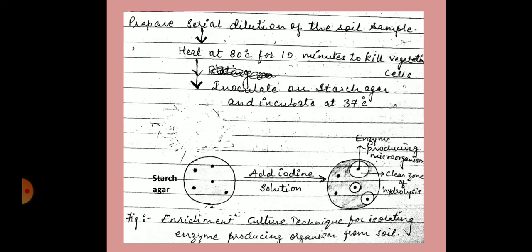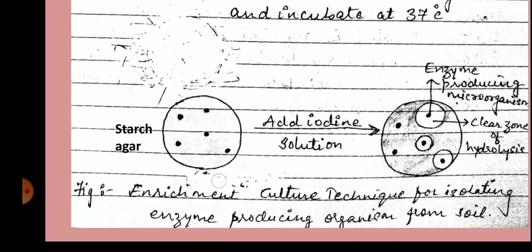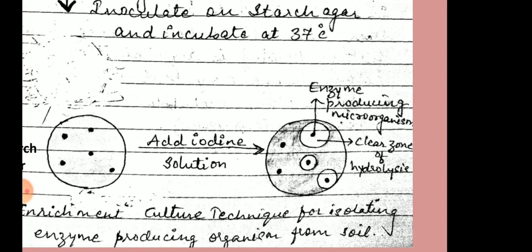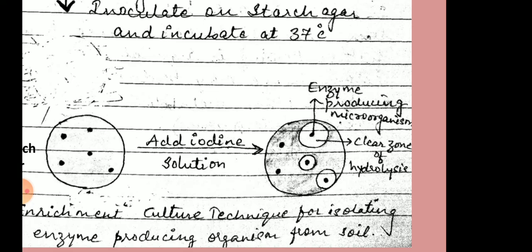So we serially dilute the soil sample, heat it to kill the unwanted microbes, the vegetative cells, and inoculate on the surface of starch agar, as you can see here in this diagram. Add iodine after incubation, and the colonies of enzyme producing microorganisms will be surrounded by a clear zone of hydrolysis.